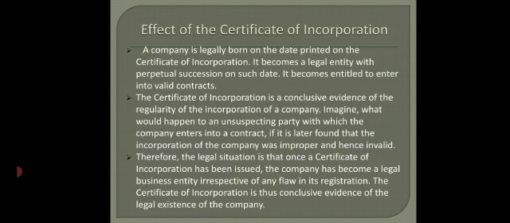Once the company gets the incorporation certificate, that certificate itself becomes a conclusive evidence of the legal existence of the company. The company will become a legal business entity irrespective of any flaw in its registration. So these are the effects of the certificate of incorporation.